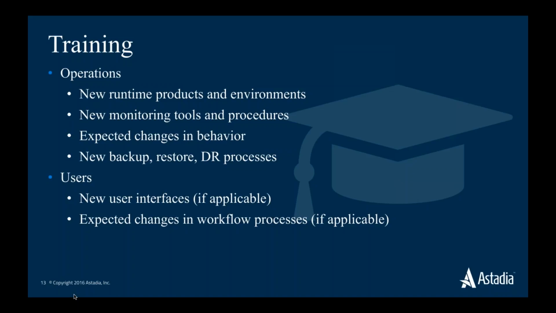And then, of course, there are going to be new backup, restore, and disaster recovery processes because you are making changes to how the applications work and in some cases where they reside. So all of that training needs to be provided as well. And then down to the users.